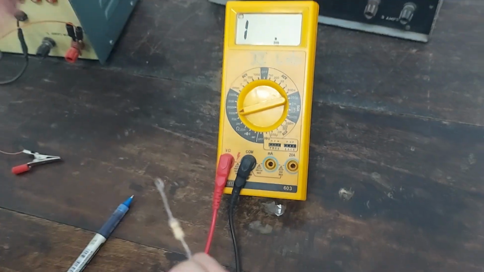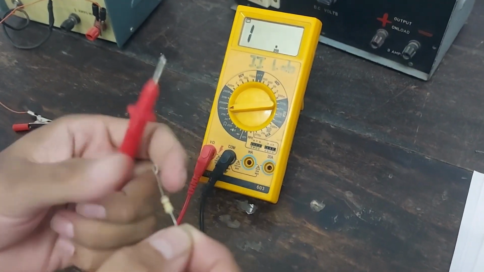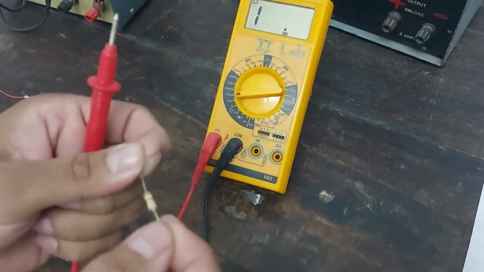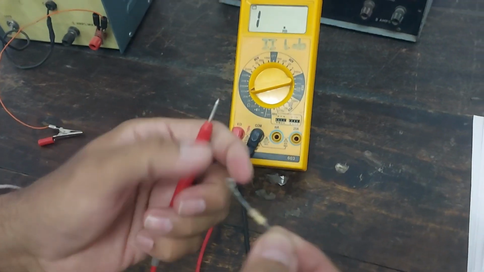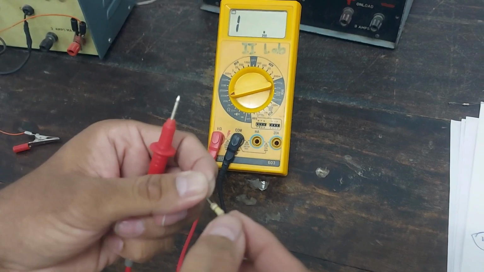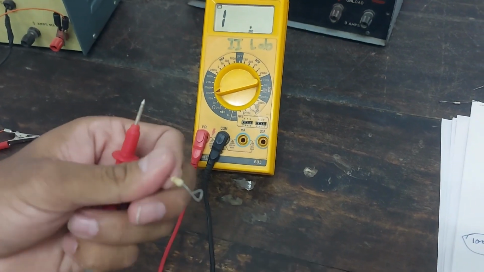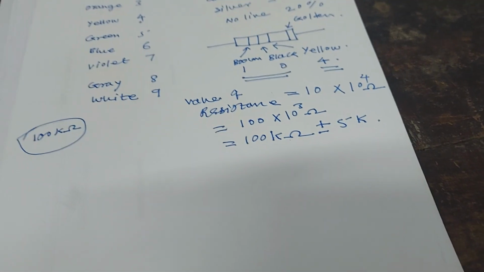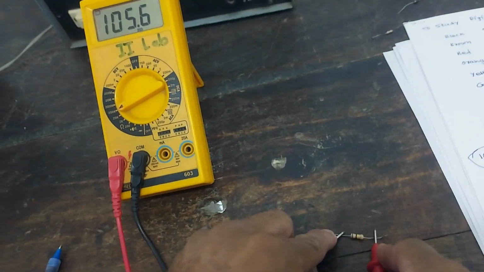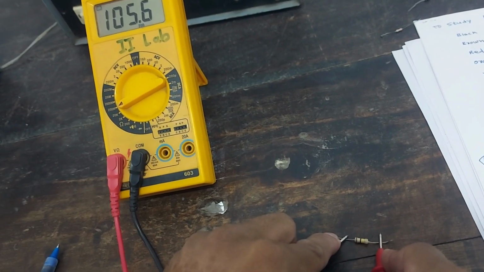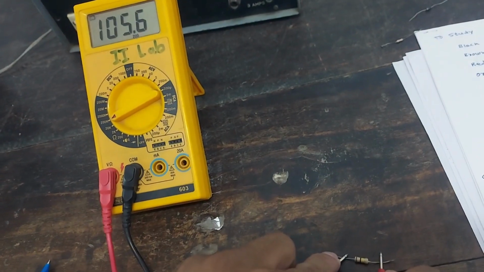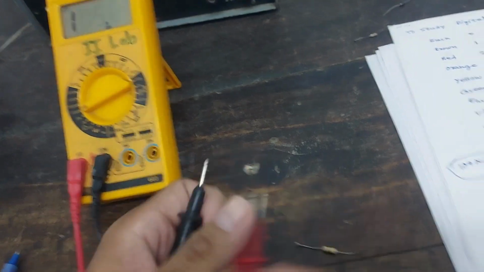To measure this resistance, don't touch it directly with your hands, because the hand also has some mega ohm resistance, and that can affect the exact resistance value. With 5% tolerance, we are getting here in the multimeter 105.6 kilo ohm, which is the tolerable range for this particular resistance.